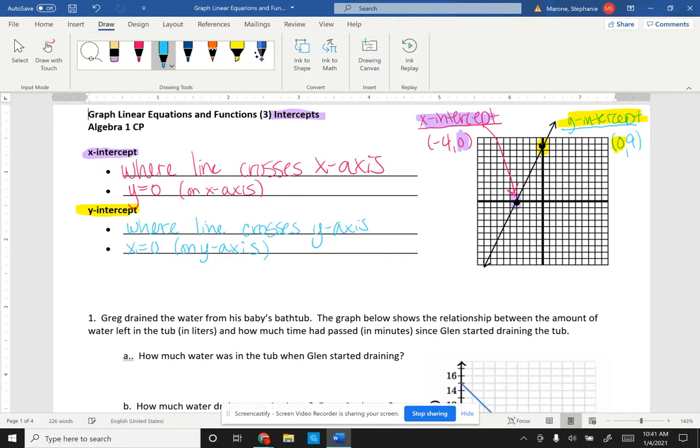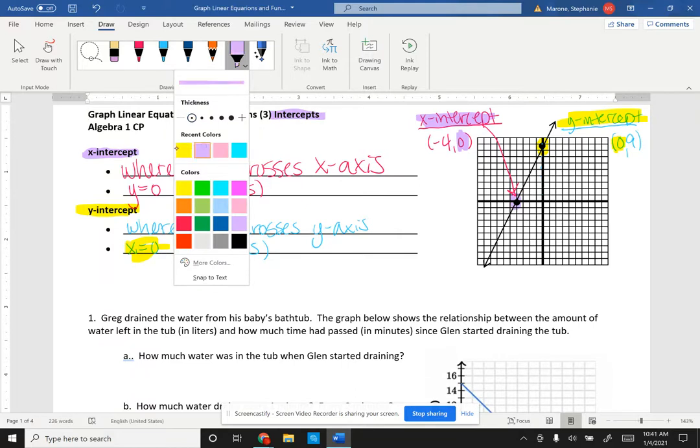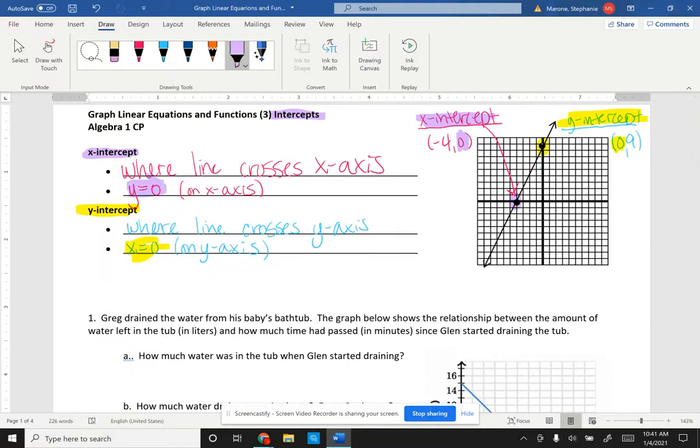If a point is on the y-axis, then x is going to be equal to 0. If the point is on the x-axis, y is going to be equal to 0. And we'll come back to that in a little bit.